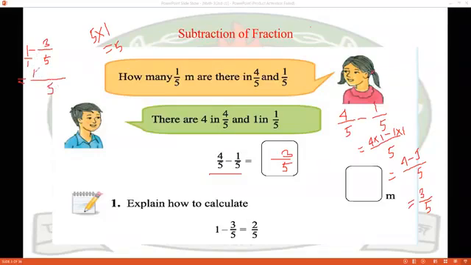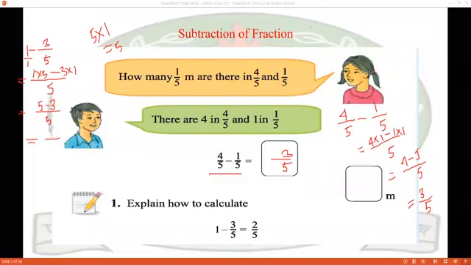So 1 multiplied by 5. Numerator 1 multiplied by 5, minus 5 divided by 5, you get 1, so numerator 3 multiplied by 1. So here we can write 5 multiplied by 1, we get 5, minus 3.